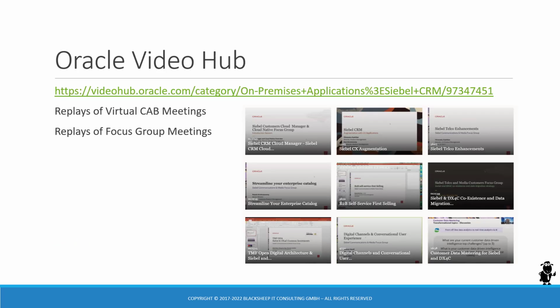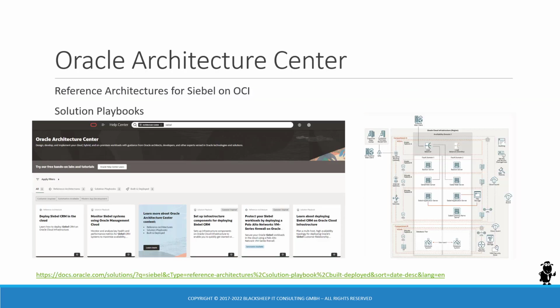Another great resource for accessing information related to Siebel CRM and other Oracle applications is the Oracle Video Hub at videohub.oracle.com. As of the current recording, you find there replays of the virtual customer advisory board meetings or focus group meetings.